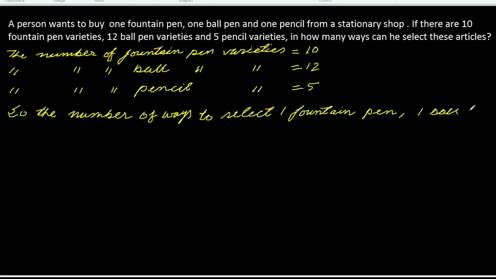So the number of fountain pen varieties is equal to 10, the number of ball pen varieties is equal to 12, and the number of pencil varieties is equal to 5.